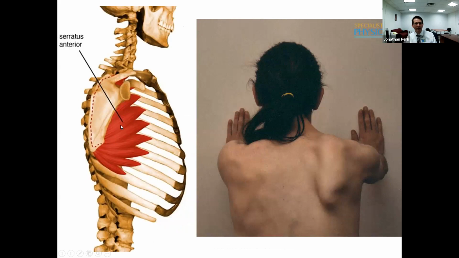So, what is the serratus anterior? The serratus anterior is one of the muscles that is responsible for movements of the scapula. If you think about it, what allows us to have this huge range of motion in all these directions is the movement of the scapula.